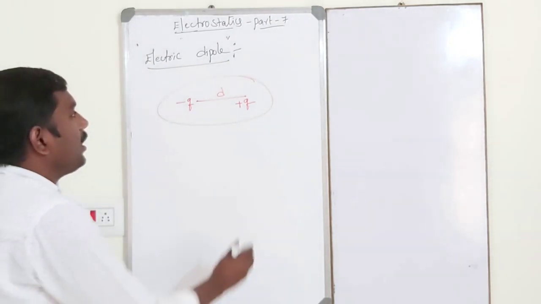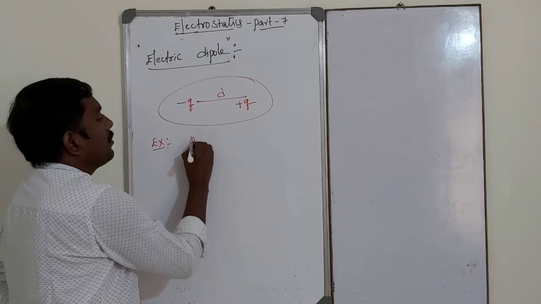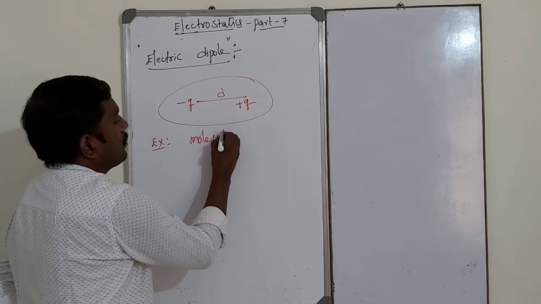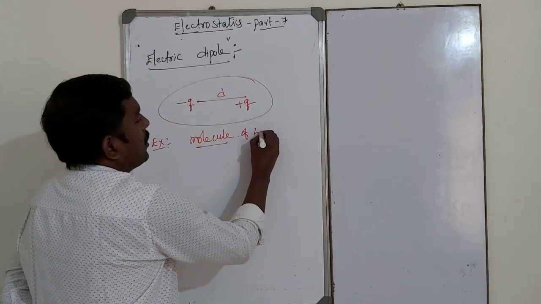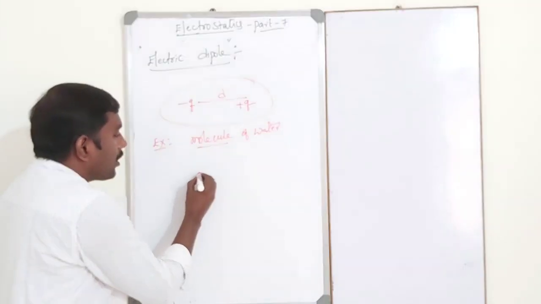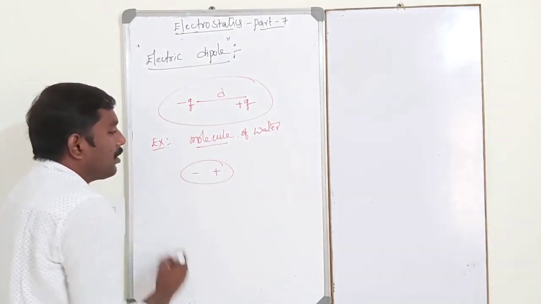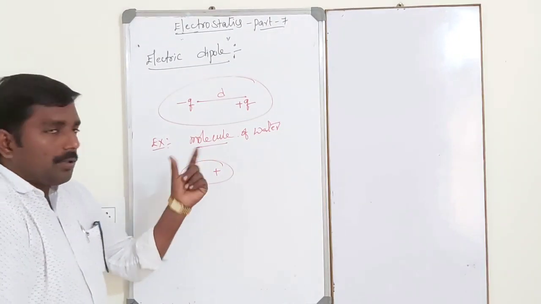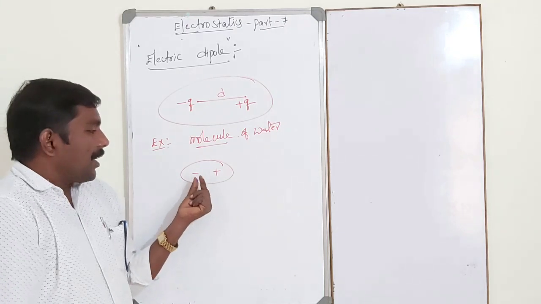Example for dipole: molecule, water molecule. In the case of water, one positive charge and one negative charge are there. In a molecule, the positive charge and negative charge get separated.